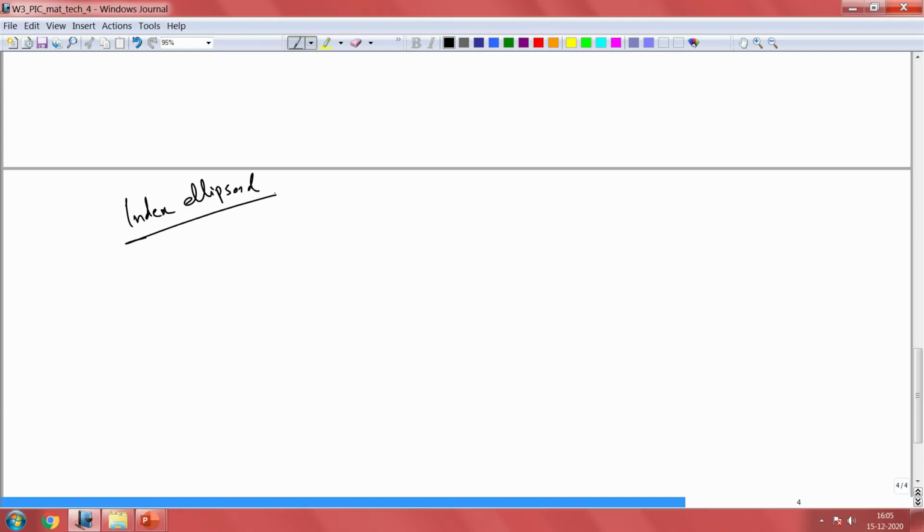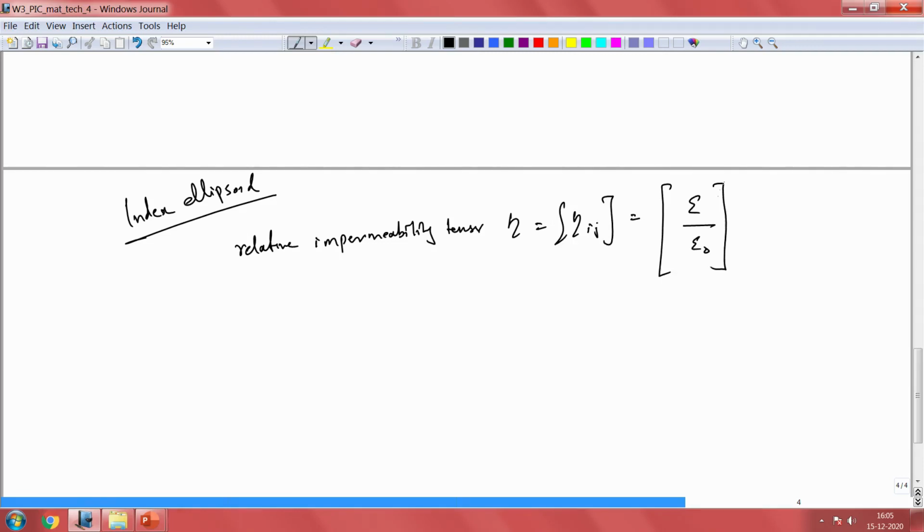So how could we understand this? So the relative impermeability tensor eta can be given as eta ij is nothing but epsilon naught over epsilon, all right.